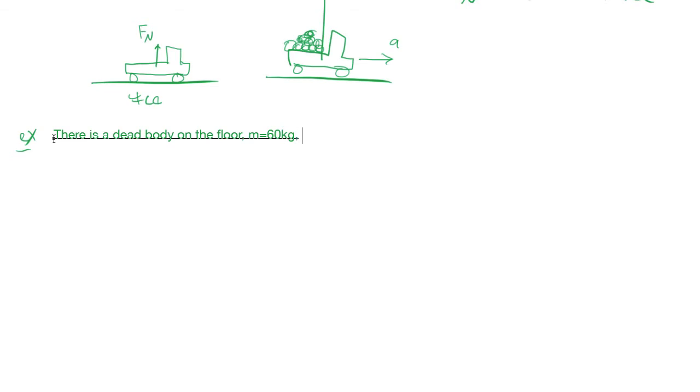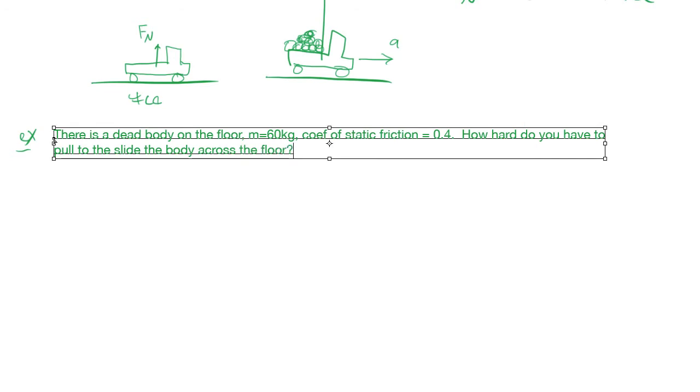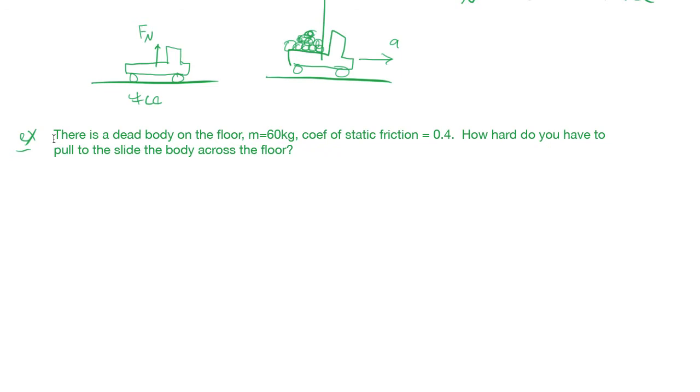The coefficient of static friction, because I don't know how to get a mu up here, is 0.4. I want to know how hard do you have to pull to slide the body across the floor so that you can hide it, of course. You don't like my morbid examples.